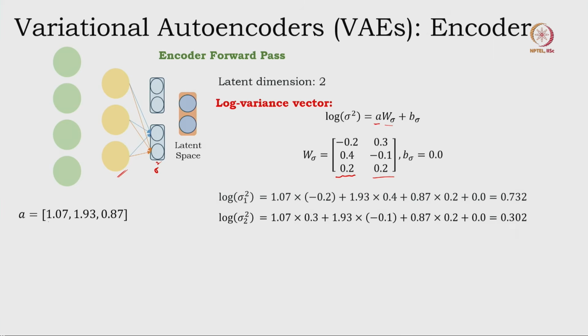You take the input 1.07 and multiply it with this weight. You take this input 1.93 and multiply it with this weight. You take this input and multiply it with this weight 0.2, and then you add the bias term 0.0. So, what is this 1.07?